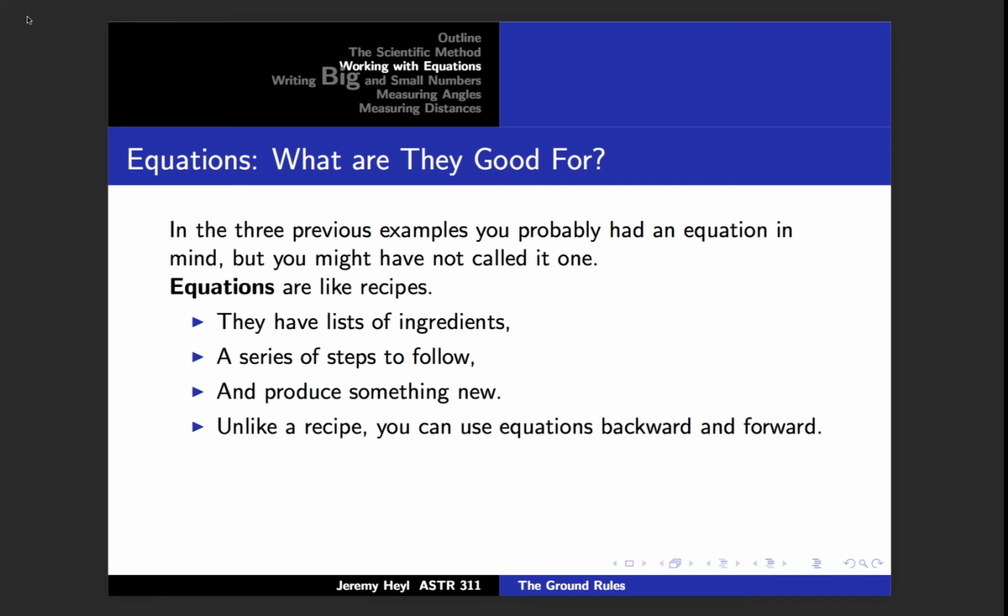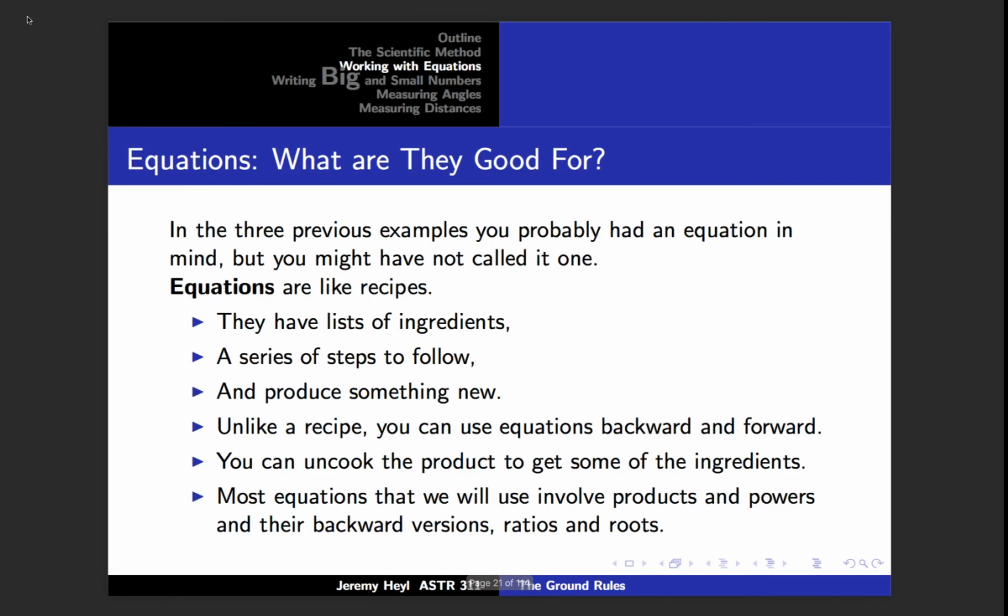So unlike a recipe, I can use equations different ways. I can give you pancakes and come back with flour, eggs, and milk. In equations, you can do that. In real life, it doesn't work so well. You could uncook the product to get at some of the ingredients. The equations we use involve multiplication, division, and powers usually, not addition.